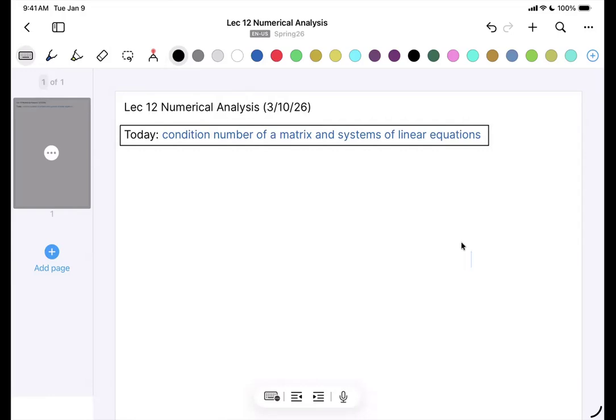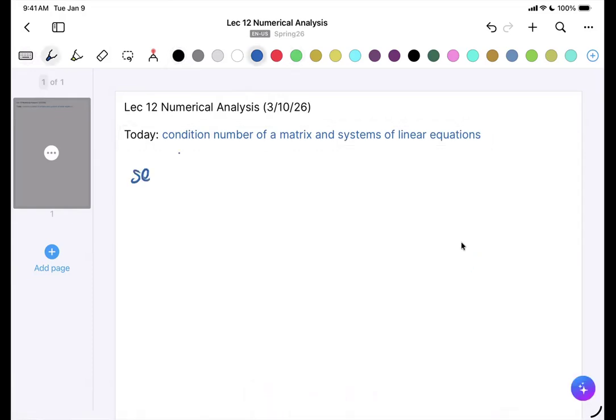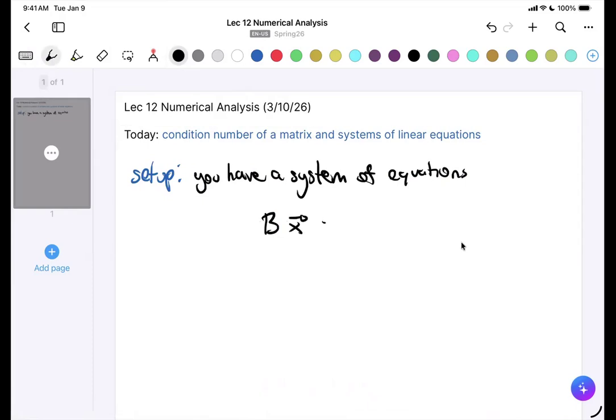Let's say you have a system of equations. Here's the setup: you have Bx equals y. Usually the matrix is called A, but I don't want to call it A so that you don't think it's related to the matrix A I used before for the polynomial regression problem.